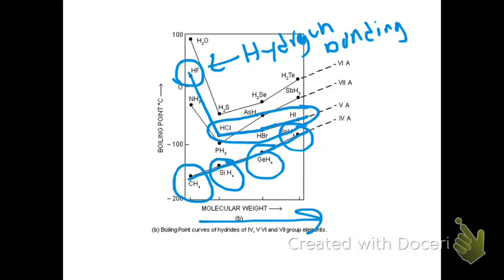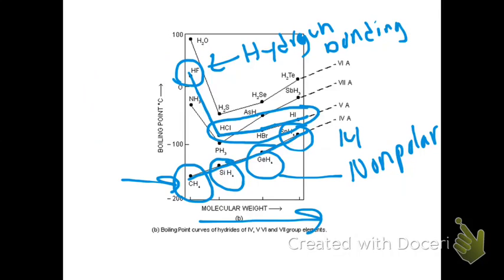These are all nonpolar, all of them in group 14, so they're going to rely on van der Waals forces. The van der Waals forces increase as the molecular weight goes up, and so we simply see this trend. And then CH4, of course, will not hydrogen bond, so it's going to be down here at the low boiling point. Alright? So hopefully you're starting to get this idea here.